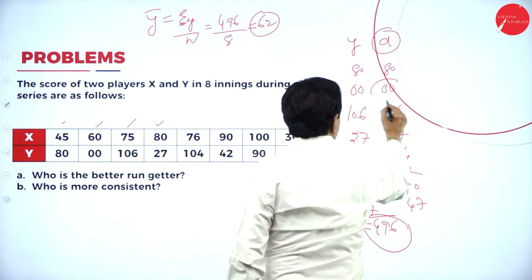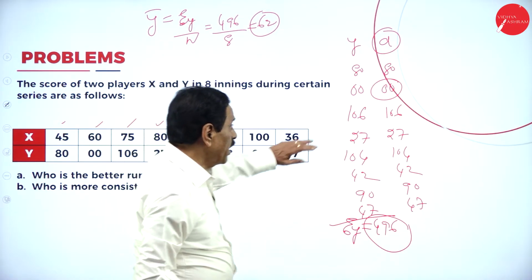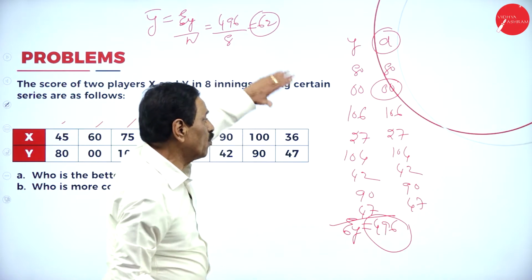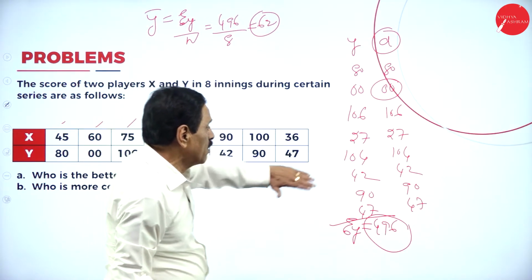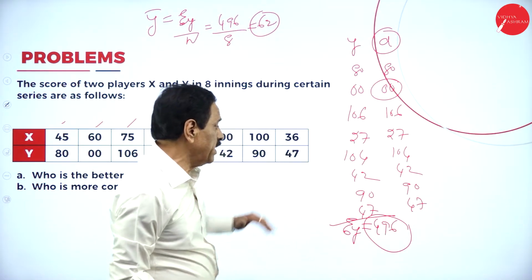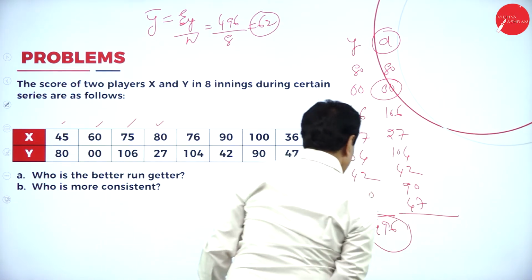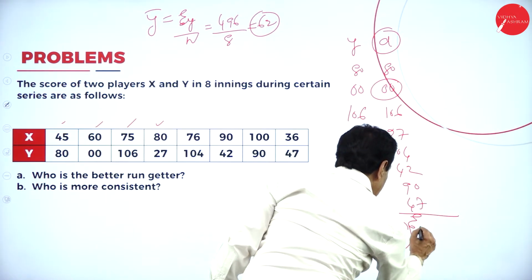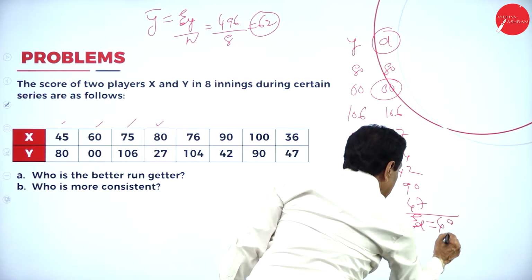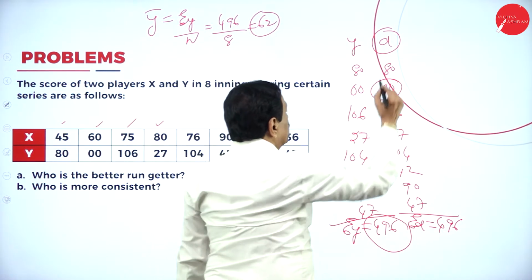We take 0 as a base. How much more? 80, 106, 27, 104, 42, 90, 47. If we add, the same number will come. Sigma D is 496. Then D square.